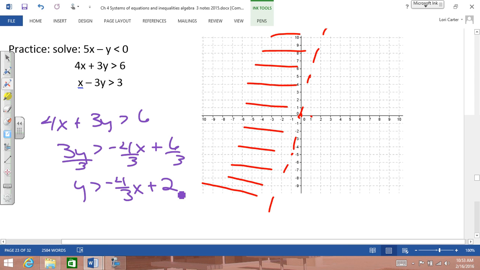Go to 2 and 3. Go down, forward. Solid or dash? Shaded.